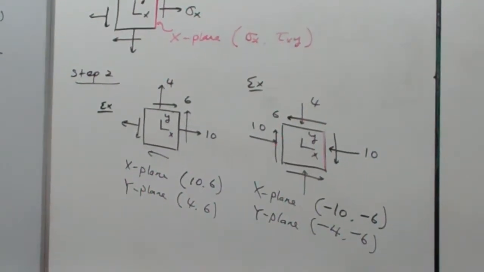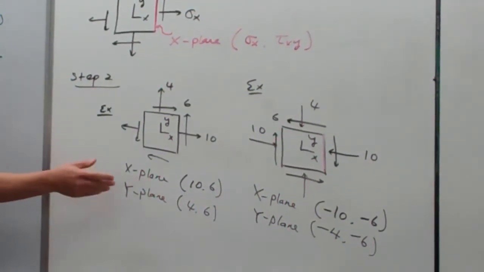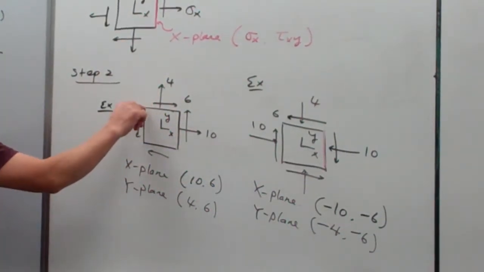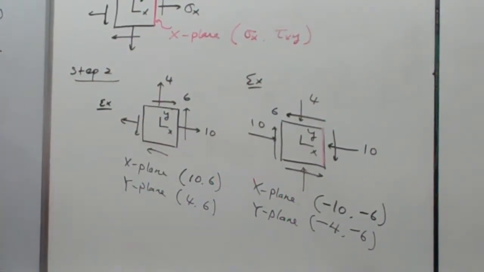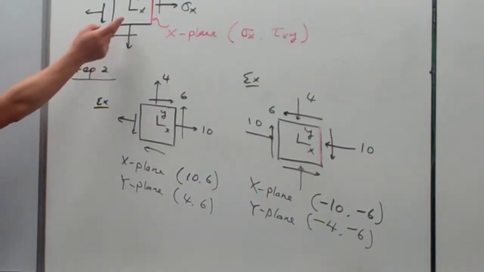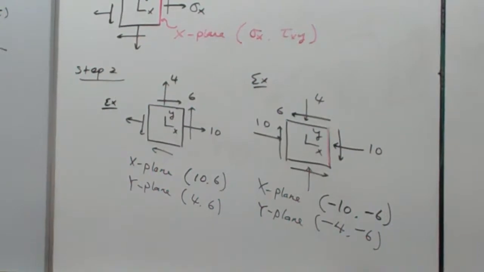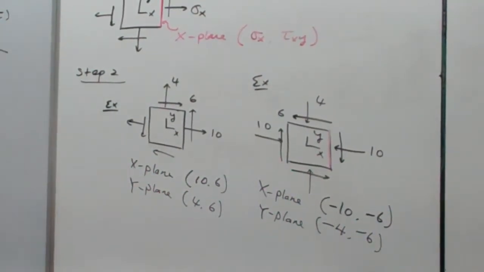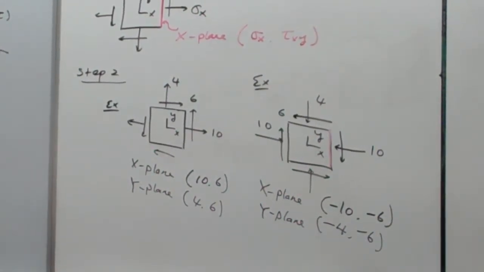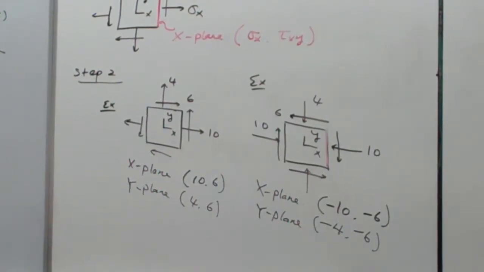Okay. So once we write down the coordinates which represent the x and y plane, that completely can be used to represent the status of the stress for the given stress element. Now with those coordinates in place, we're going to place the points on the Mohr circle.